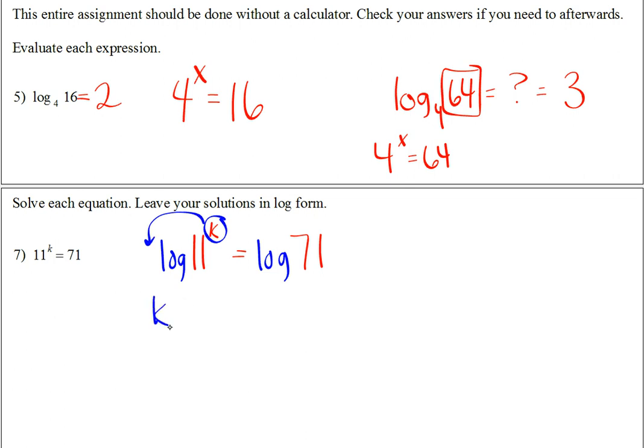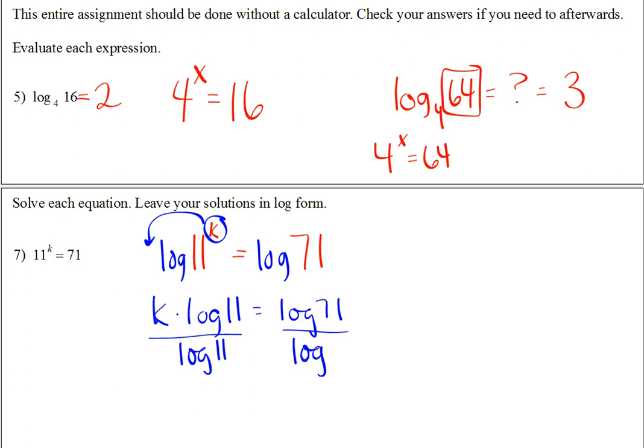When you take a log of a base 11 raised to the k, the k comes out front, the log remains, and you have log of 71. Now divide by log of 11 on both sides, and you get k equals log 71 over log of 11.